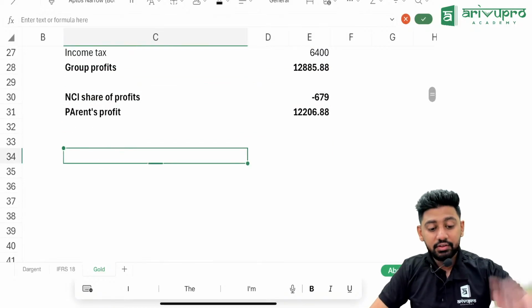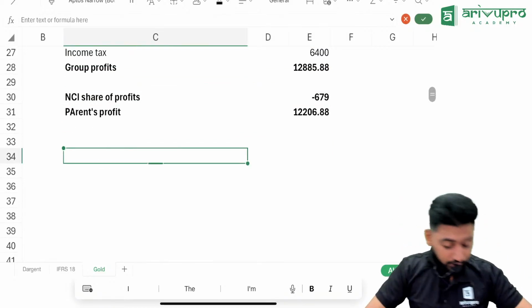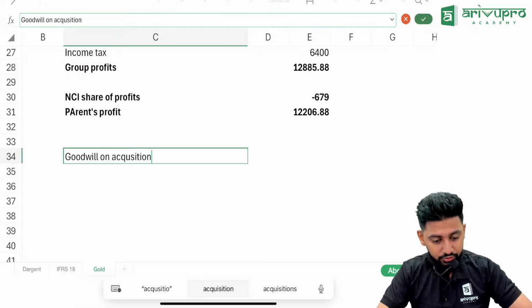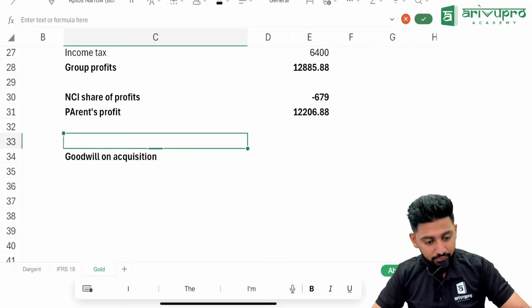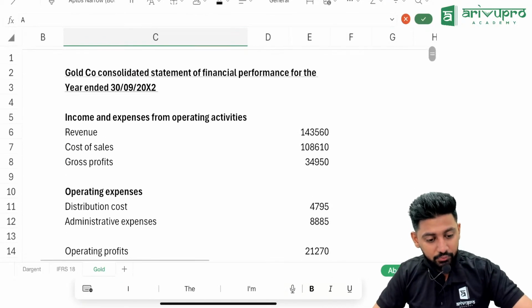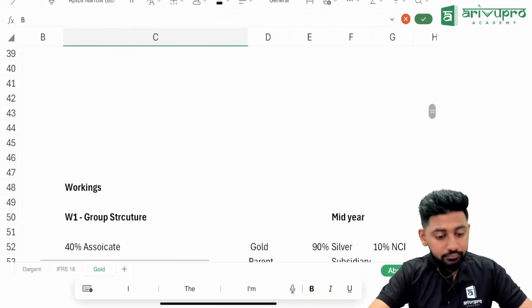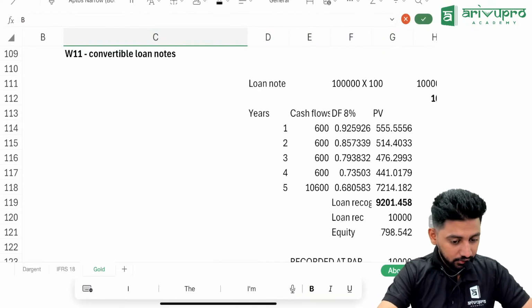What do we have? Goodwill on acquisition to calculate. So goodwill on acquisition, this is my requirement A, this is my requirement B in the exam. What do I need?